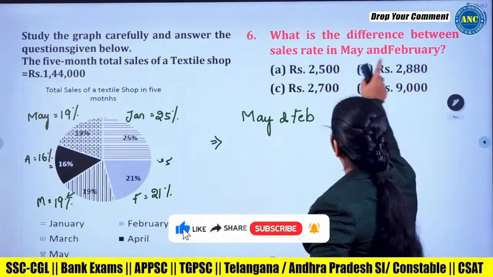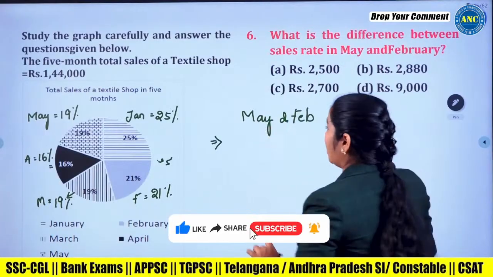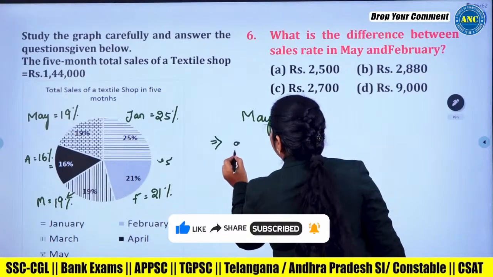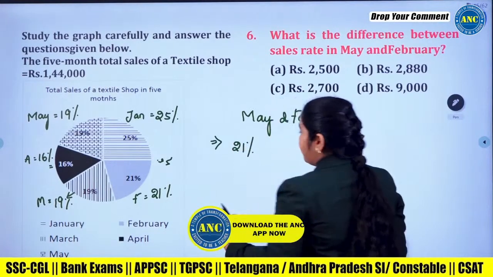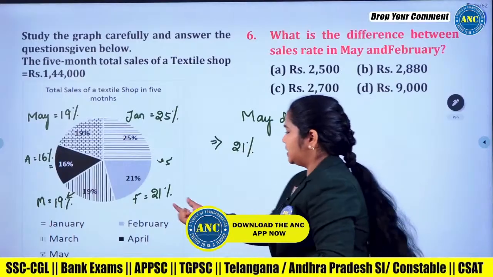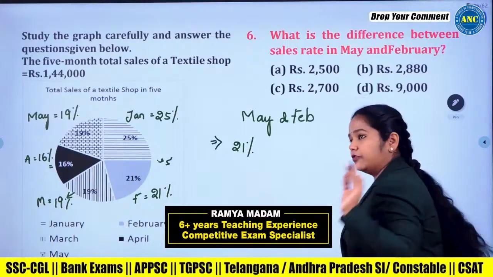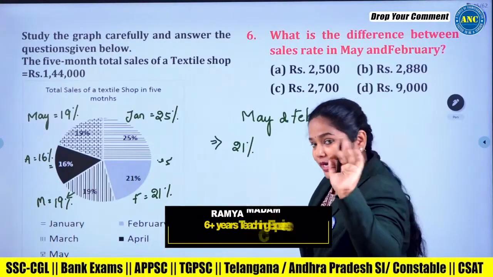So, they are asking the difference between the sales of May and February. February is 21%. See, why I am writing February first is because this value was the bigger one. So, how students tend to do it, I will show you.